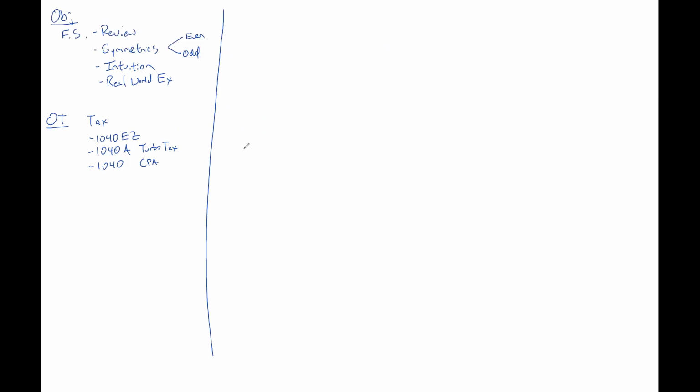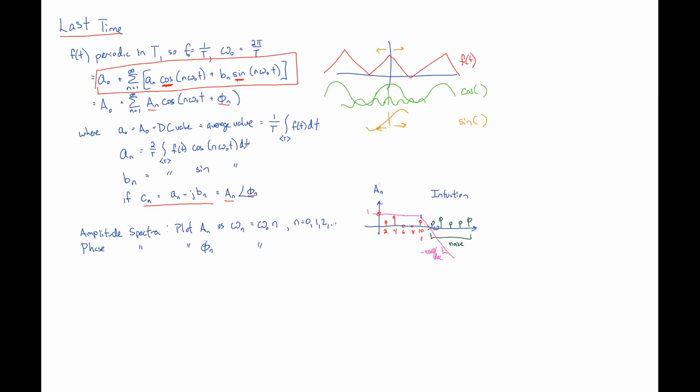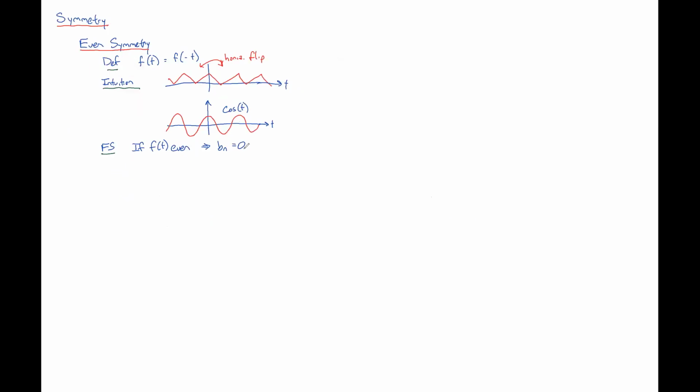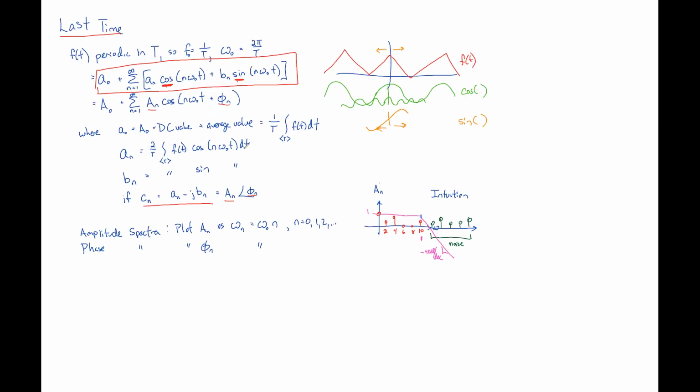And you've cut down the work of figuring out your Fourier series components by half. Now you just have to find your a sub n components, and you don't have to find your b sub n components.